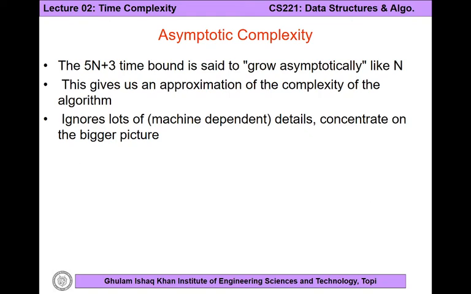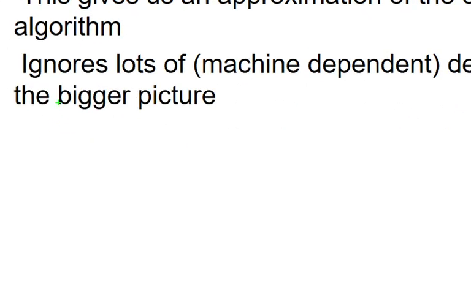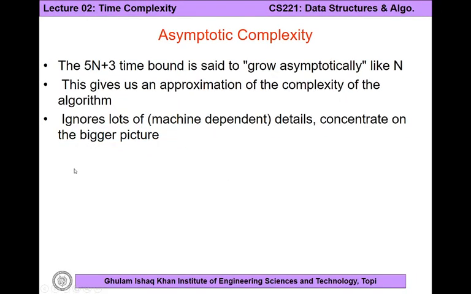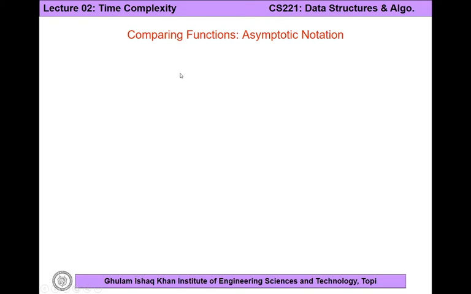We ignore a lot of machine level, rather machine dependent, details, and we concentrate on the bigger picture, right? So this is how asymptotic analysis is done. This time complexity computation is also called asymptotic analysis. Asymptotic analysis or complexity analysis is a better term than time complexity, although this series of lectures has the title time complexity.